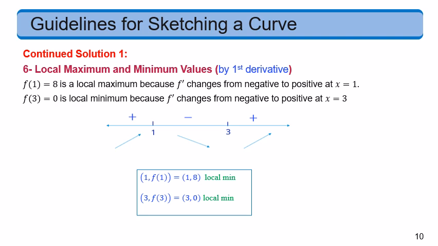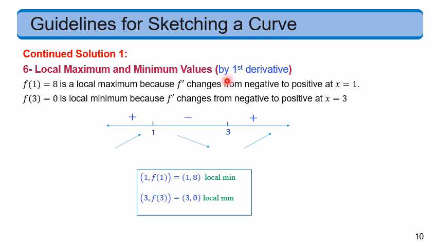Now move to local maxima and minima values. Again we have to calculate local maxima and minima by the first derivative. So by first derivative, we just checked it here.